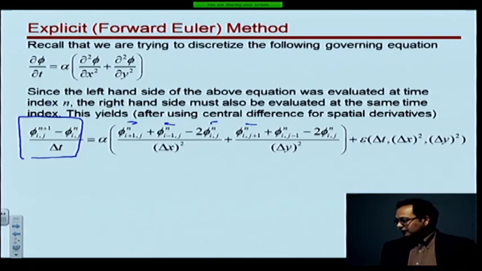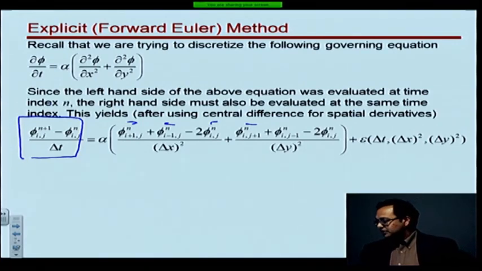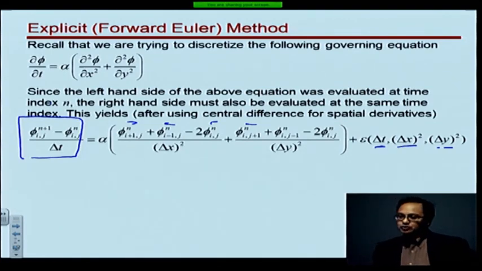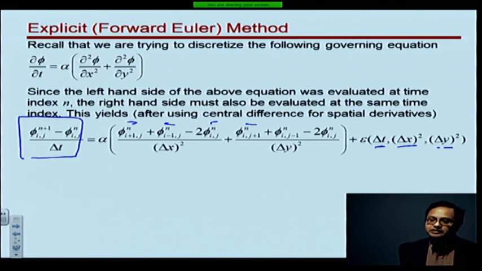Okay, and the associated truncation errors are delta t, delta x squared, delta y squared. Second order in space, first order in time. All right. So that's our governing nodal equation.